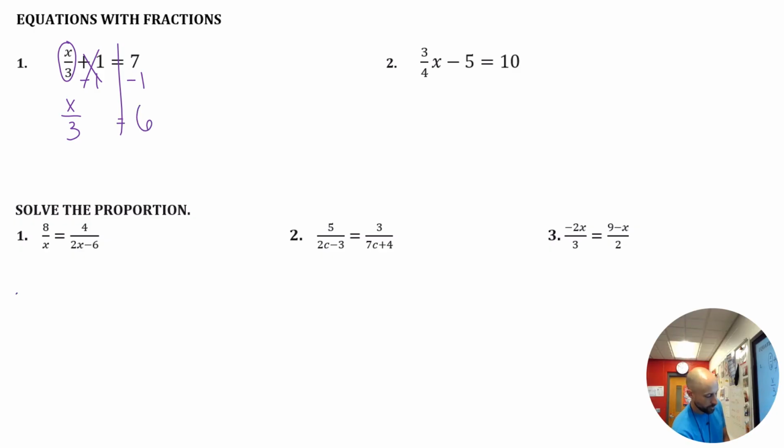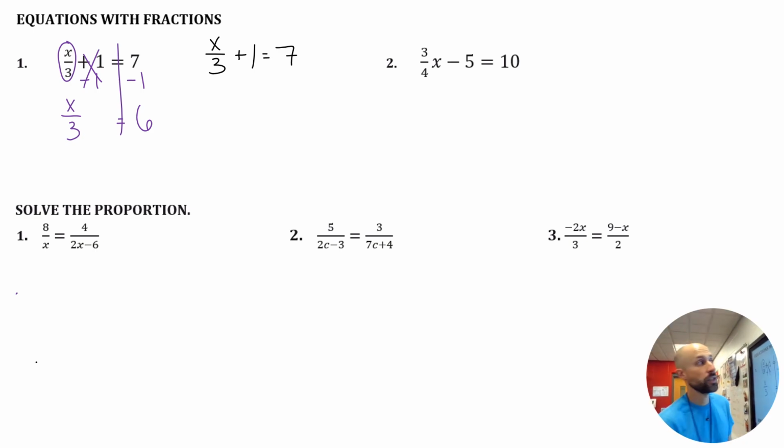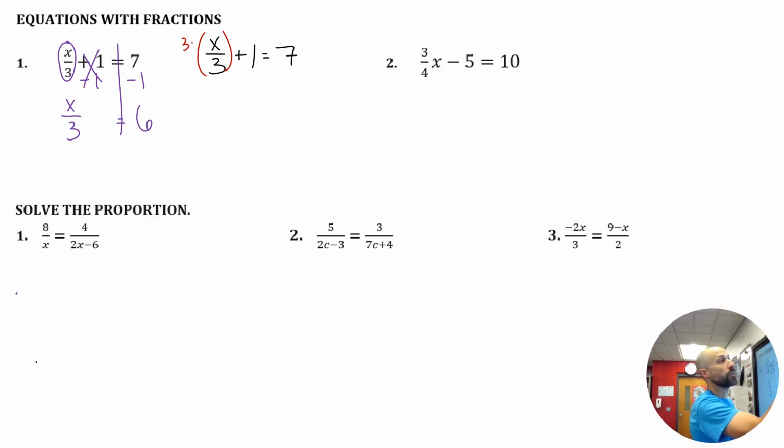The other option here is, let me copy down the problem. The other option is to clear that fraction right away. Some of you might remember clearing the fraction, and if that's the case, what you need to be doing is multiplying everything by 3.